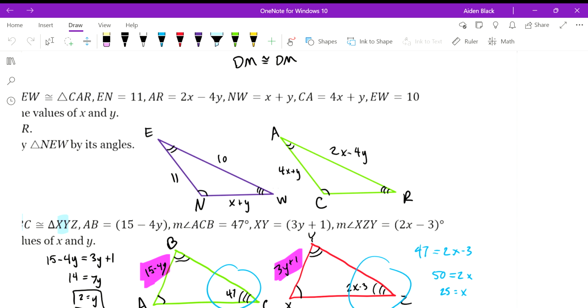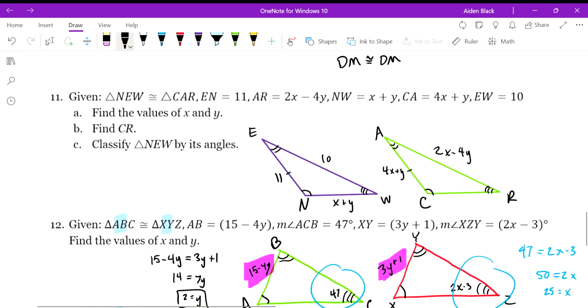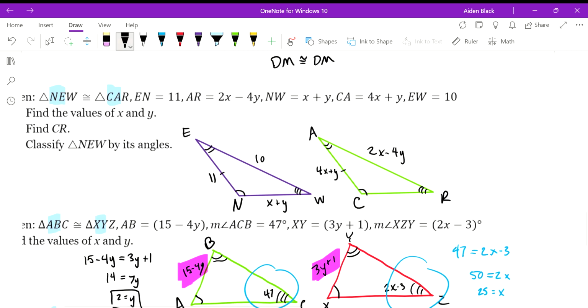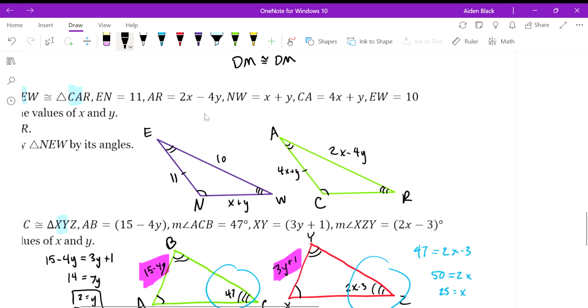So I know that NE is congruent to CA because those are corresponding sides. NE goes to CA. They're the first two letters for both of those triangles. That's why order is so important. So I know 11 is equal to 4x plus y.